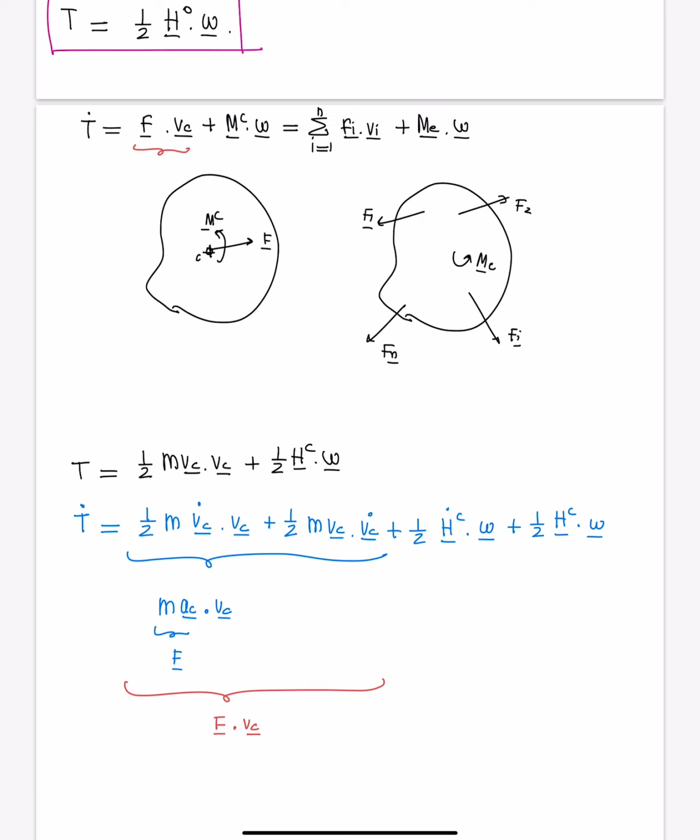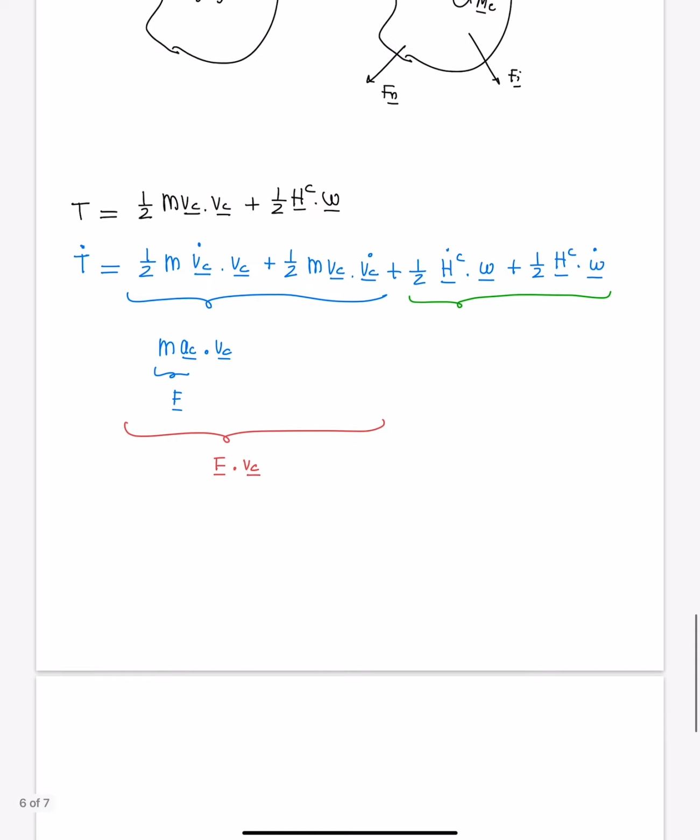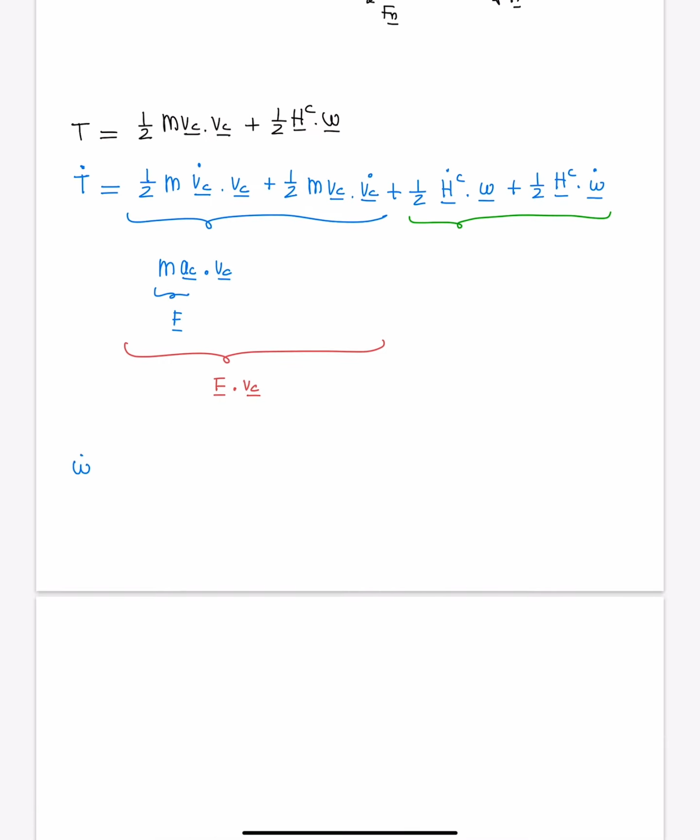So then I still need to figure out what this part simplifies to. Oh, I forgot my dot here. Omega dot. So let us see what this omega dot actually is. Omega dot is alpha. The derivative of the angular velocity is the angular acceleration. Remember the expression for the angular velocity, omega x ex plus omega y ey plus omega z ez.